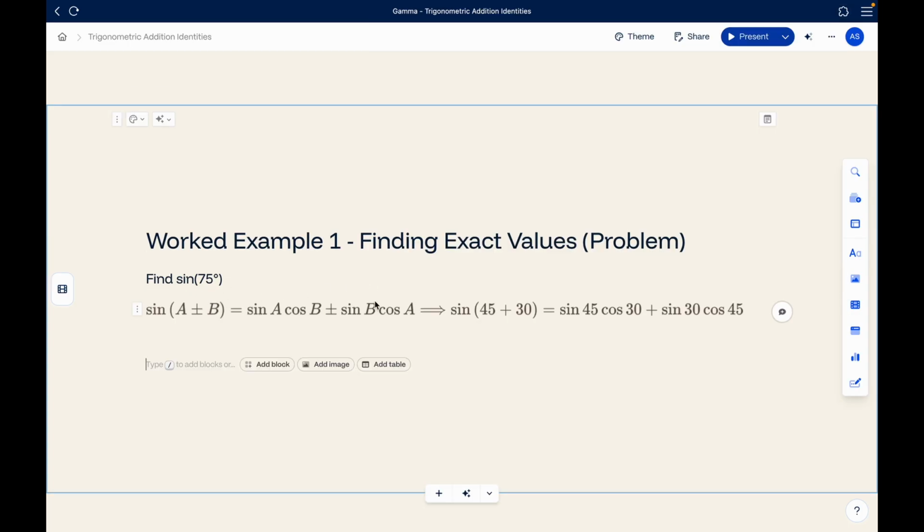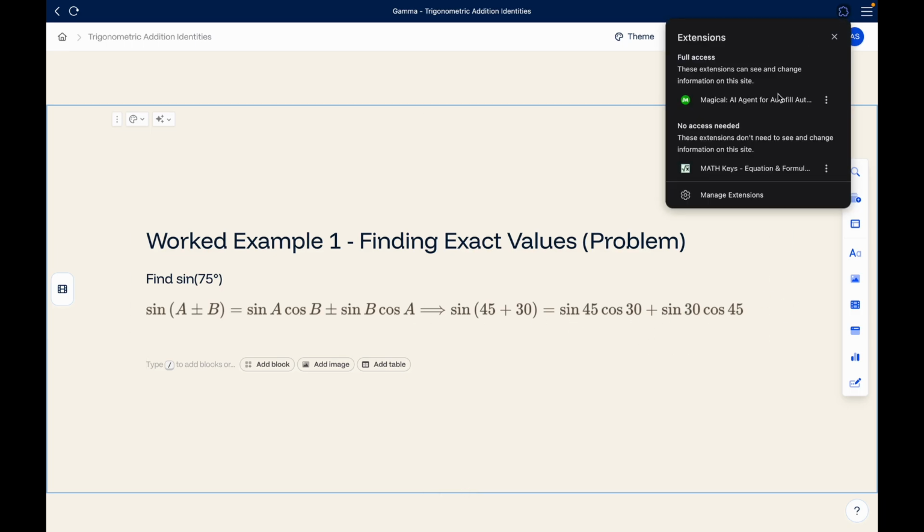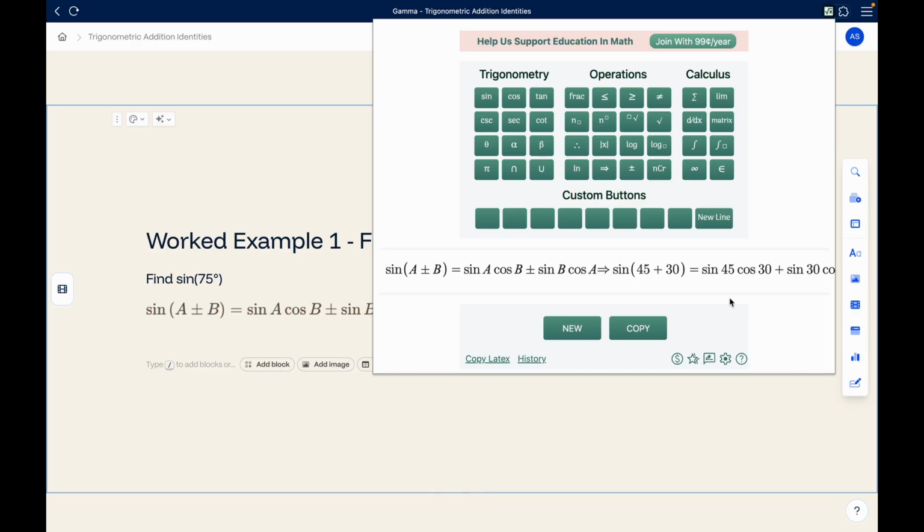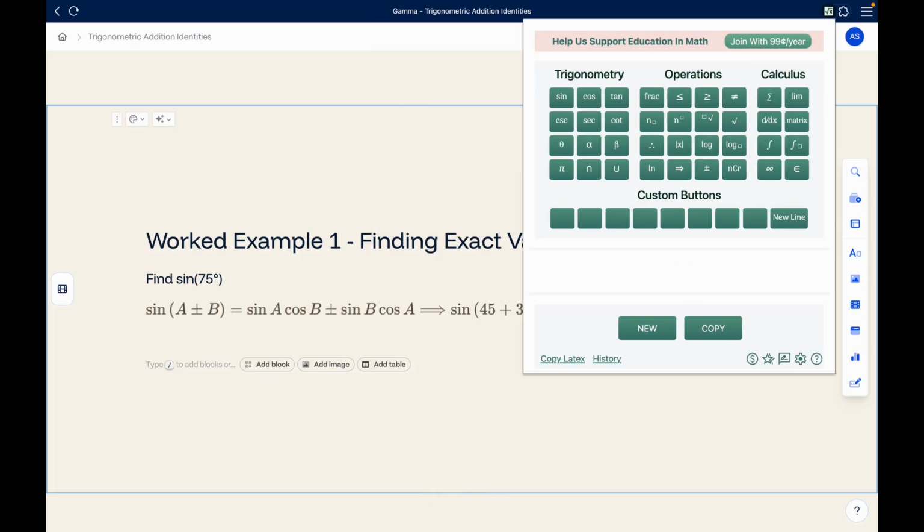These are the first two steps in the problem. First to identify the formula, then to plug everything in. Now it will pretty much just be simplifying. So sine of 75 degrees is sine of 45 plus 30.